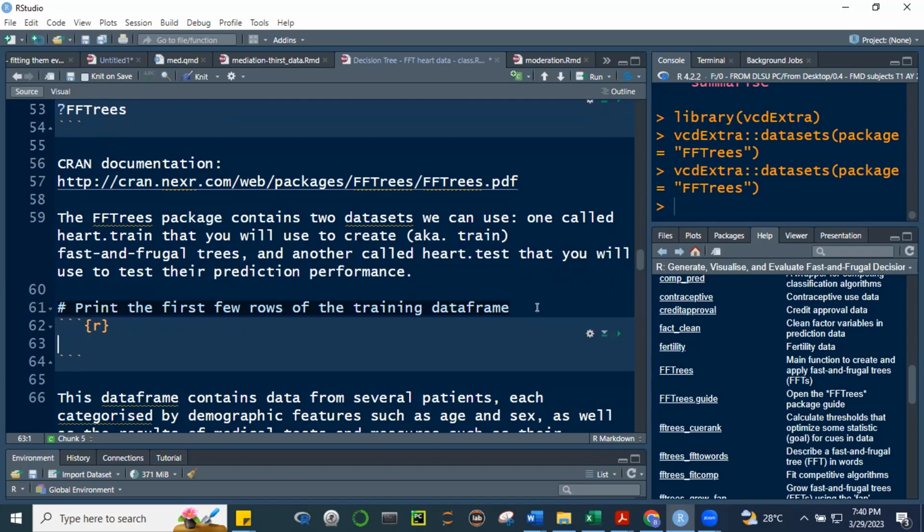May pangalan naman siya, no? Yung heart, gagamitin natin si heart.train. Okay. So how do we load that? Paano natin siya ilo-load? Okay, we can of course use the data function. data(heart.train). Yung training data muna, no?